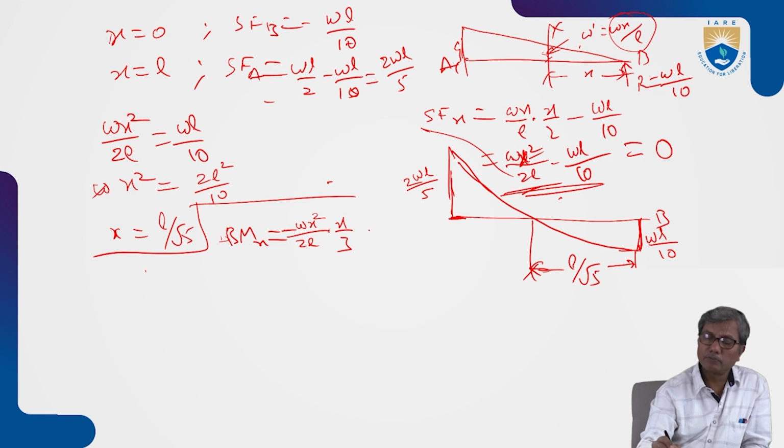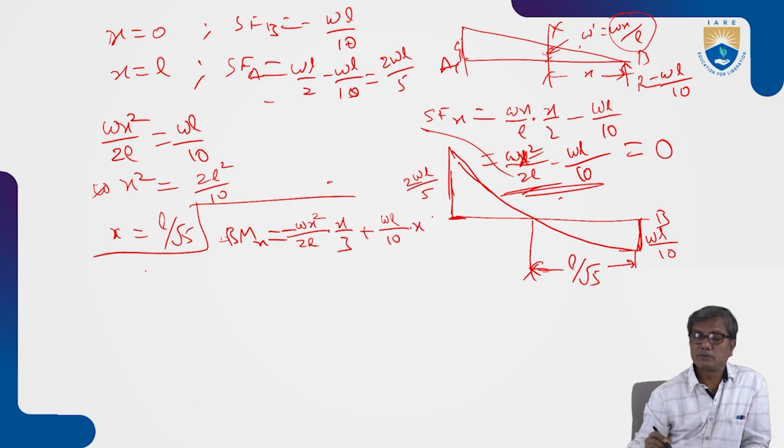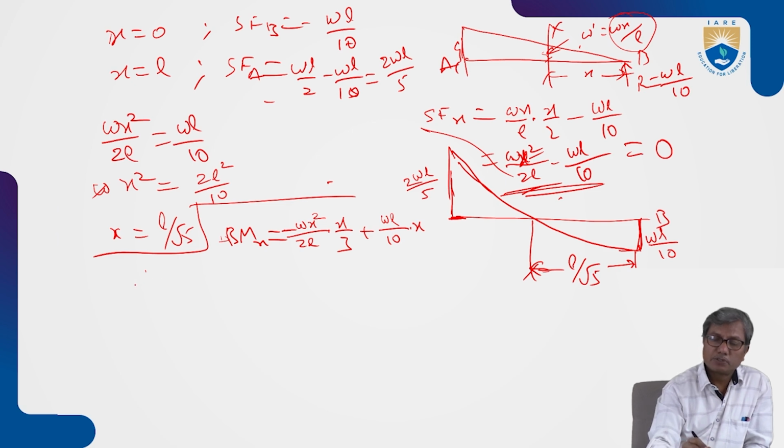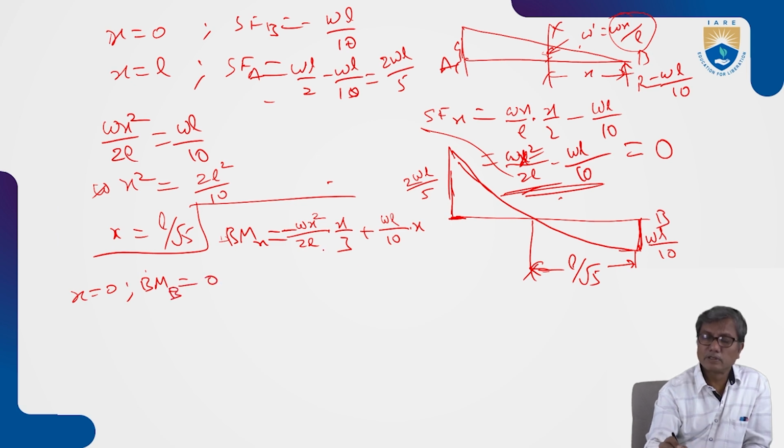This is negative, plus R into x, WL by 10 into x. Okay. And this is the bending moment equation. So substituting x equal to 0 we will have bending moment at B equal to 0. Okay, substituting x equal to L, you will get bending moment at A.